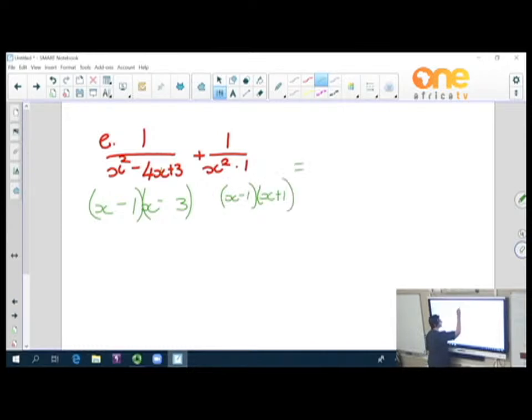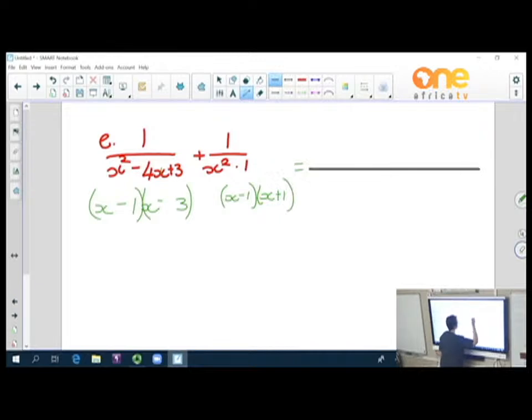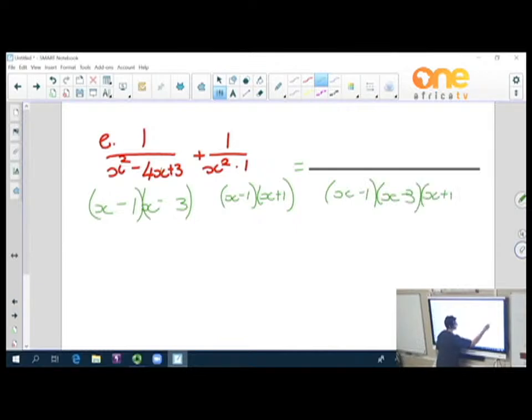Now we need to find the LCM. And I need an x minus 1 here. I need an x minus 3. And here I also need x plus 1. That is my LCM. So I multiply with x minus 1, x minus 3, x plus 1.